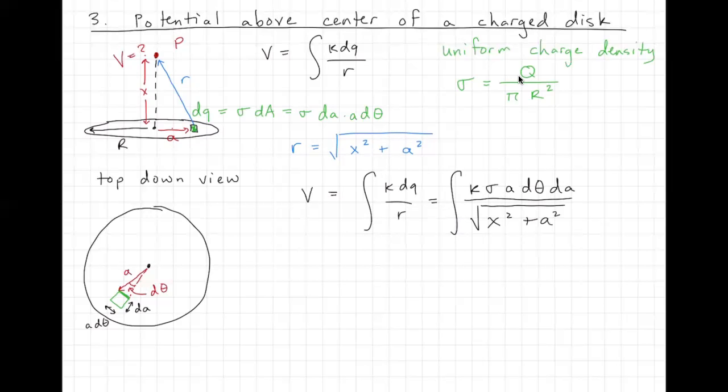And then we actually have a double integral here, so we need to think about the bounds of two integrals. Our a integral should go from 0 to big R, and our theta integral should go from 0 to 2 pi. So we're going all the way around the ring azimuthally, all the way around an angle, and we're going out from the center where the radius is 0 all the way out to where the radius is big R. So that's the integral we need to do.